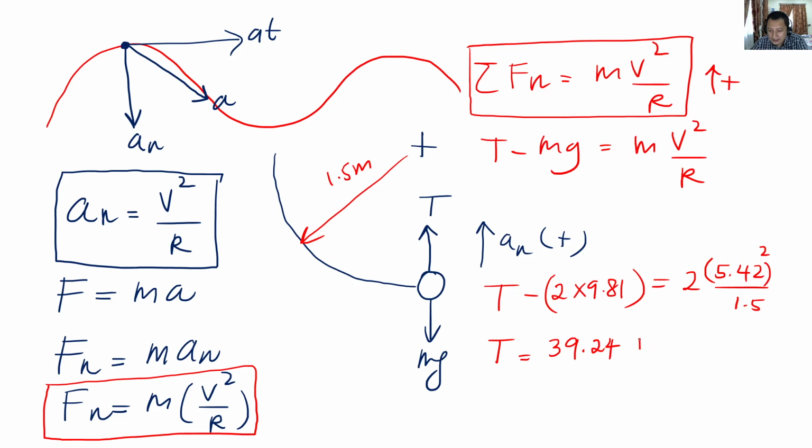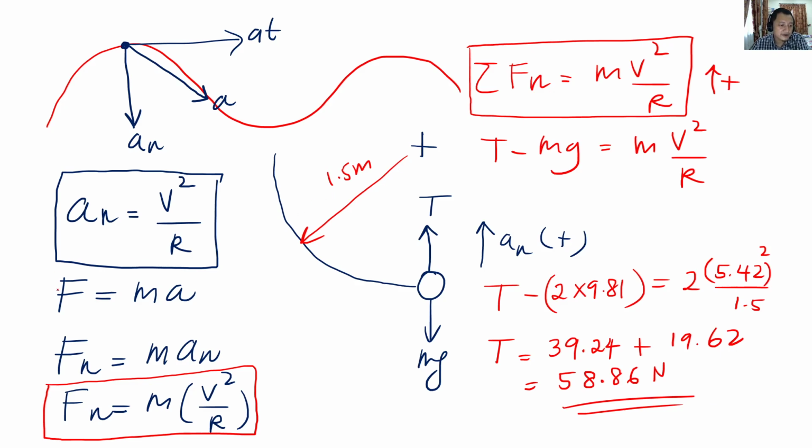And then plus this one, 2 times 9.81, 19.62. So it becomes 19.62 plus 39.24. So tension of the cable is actually 58.86 Newton. This is the tension of the cable.